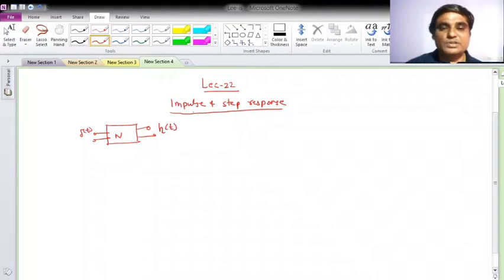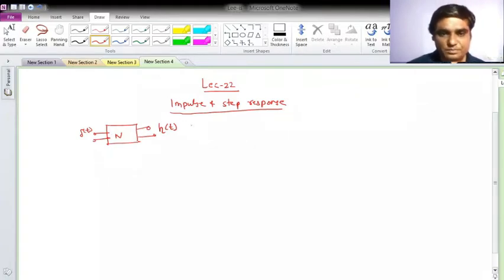So impulse response is the output of the circuit when the input to the network is the impulse function or delta function. Similarly, step response is the response of the circuit when the input to the circuit is the unit step function.